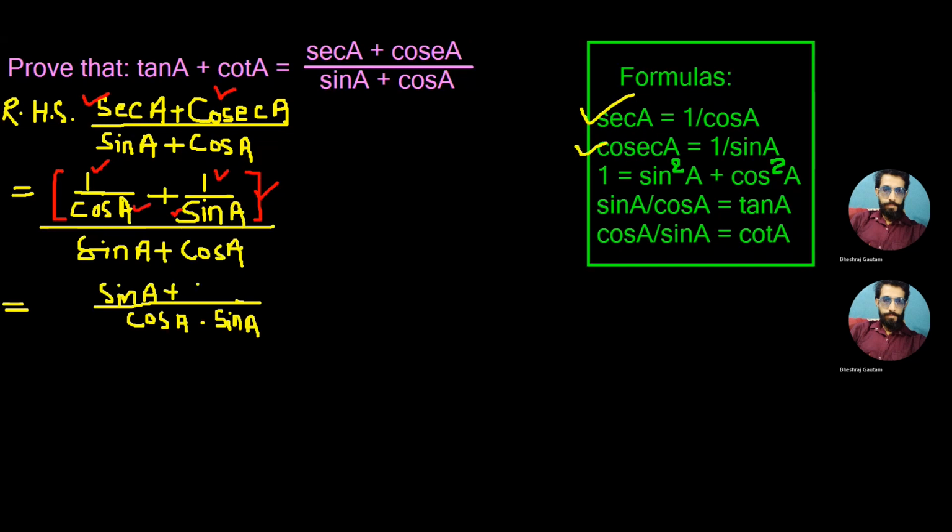When multiplied we get cosA. So that is in the numerator where a small fraction was formed, whole divided by the denominator of the original fraction, that is sinA plus cosA.